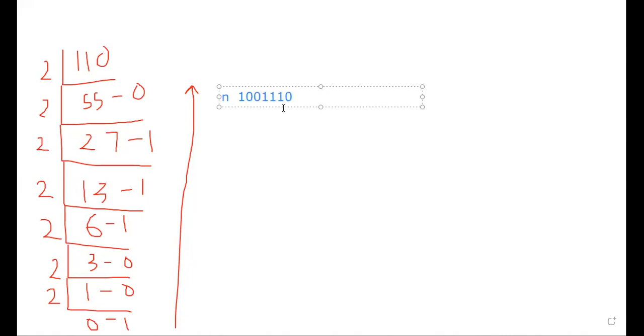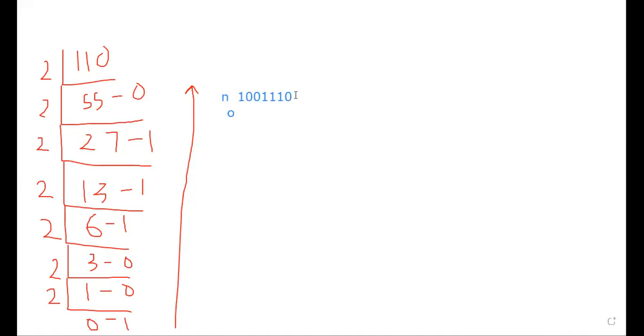So if you take the count of the number of bits, you have 1, 2, 3, 4, 5, 6, 7, right? So you got it for N. So for 110, it is 1, 0, 0, 1, 1, 1, 0. For O, we need to add 1, right?